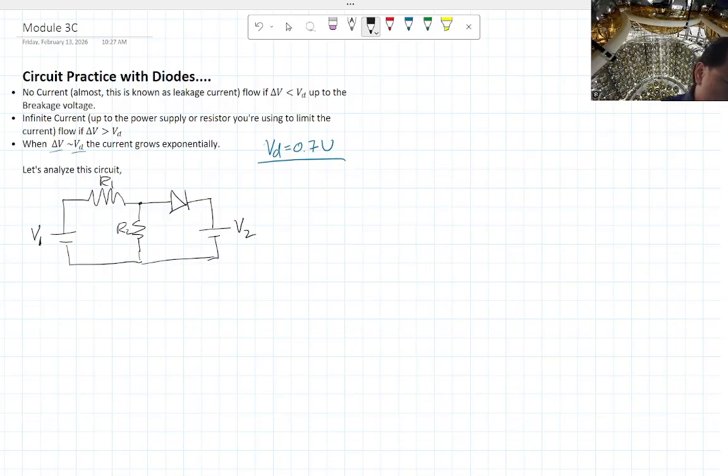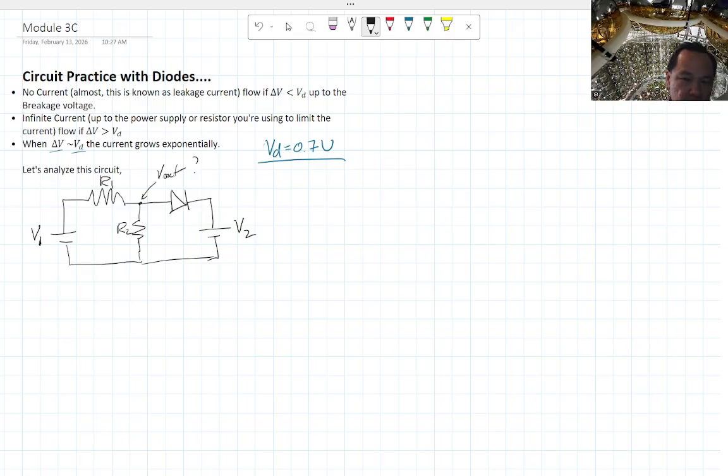And the question may be, what is V out here? If we take V out to be there, we have two voltage sources and two resistors. The way you analyze a diode circuit is a little different from circuits without one, because you're going to explore two different cases.